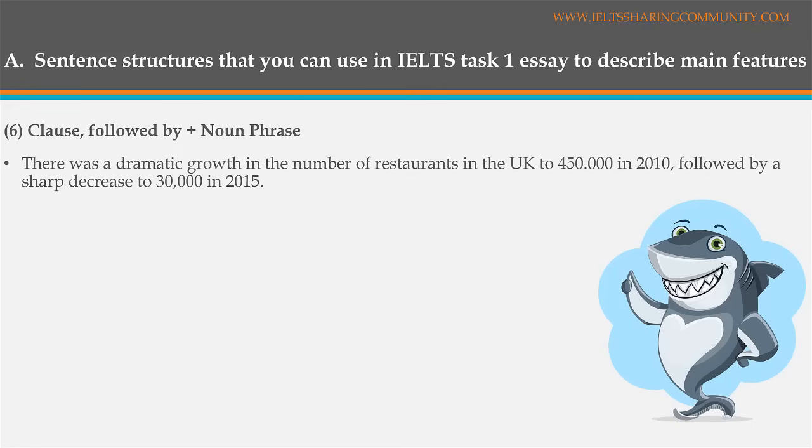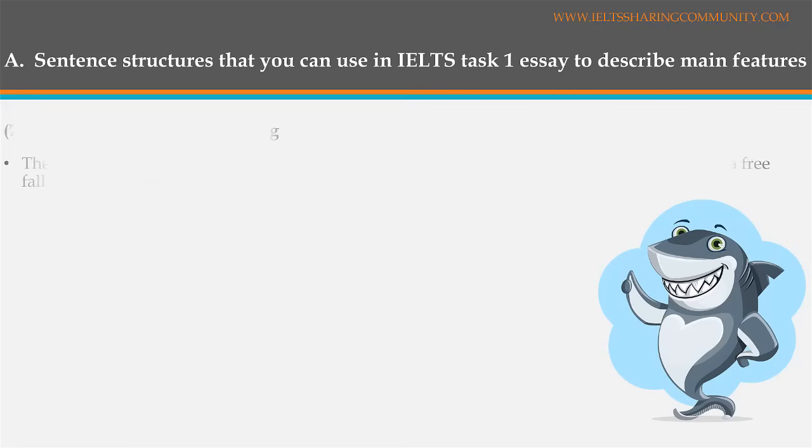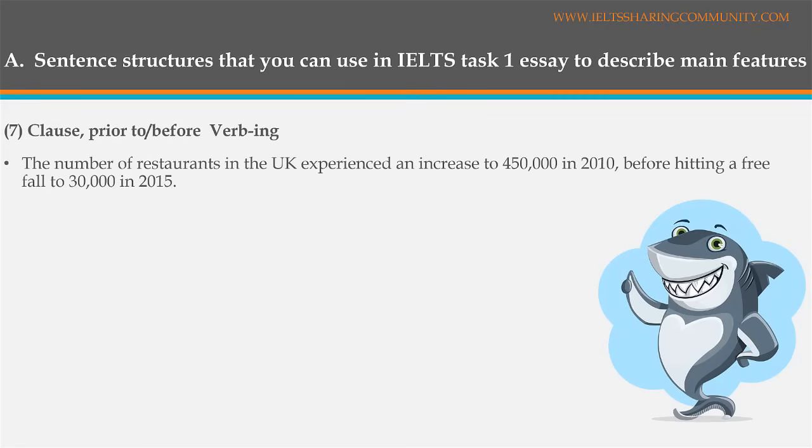There was a dramatic growth in the number of restaurants in the UK to 450,000 in 2010, followed by a sharp decrease to 30,000 in 2015. The number of restaurants in the UK experienced an increase to 450,000 in 2010 before hitting a free fall to 30,000 in 2015.